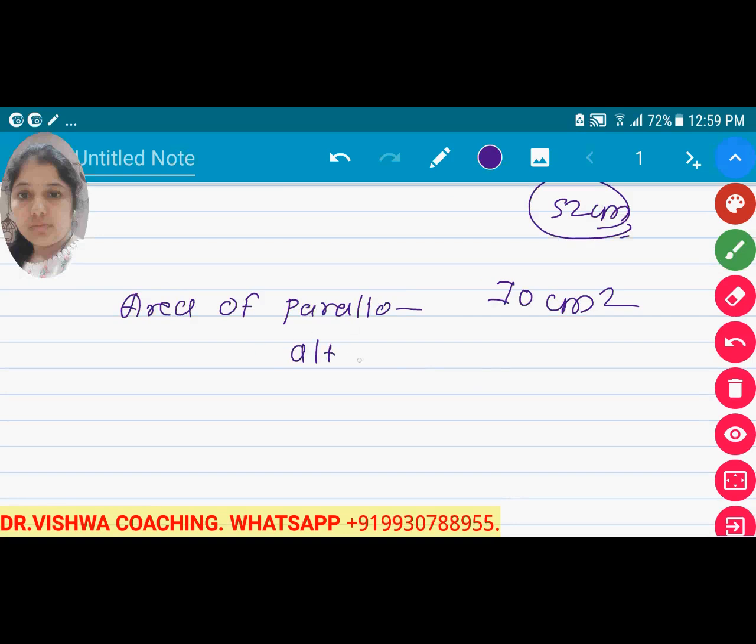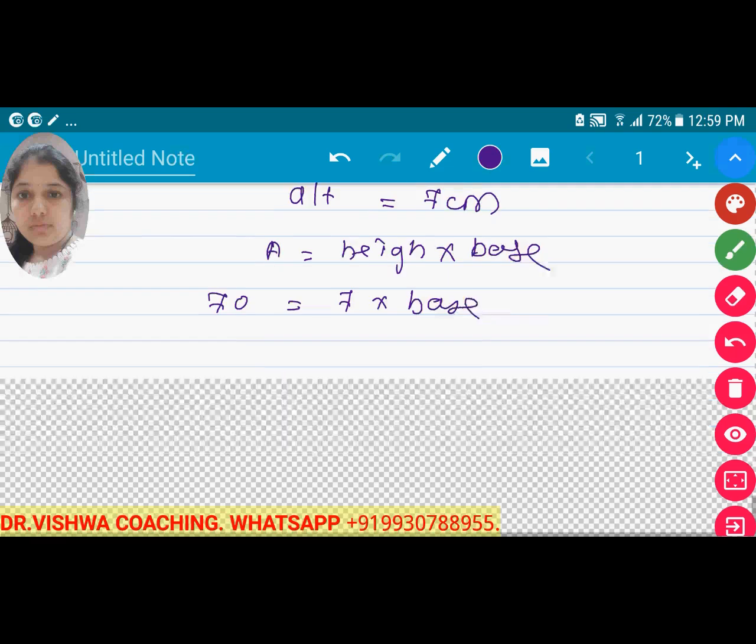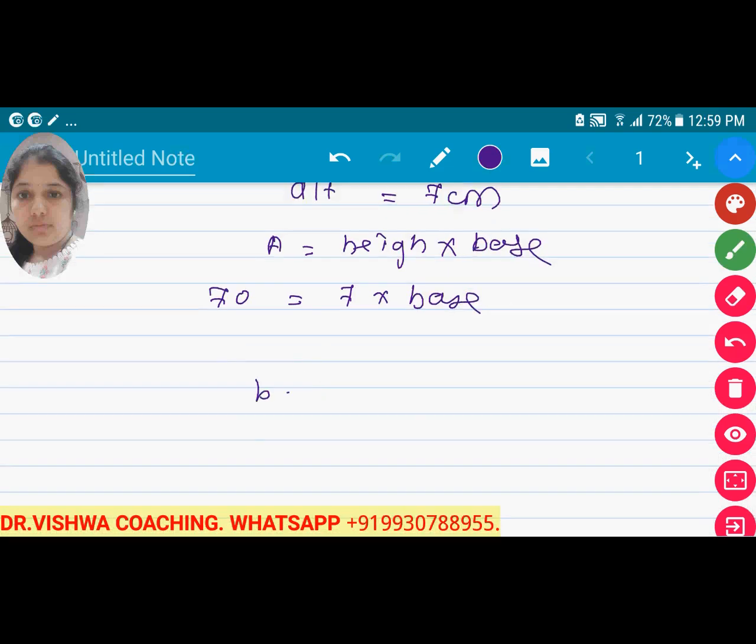Altitude means height. Height is 7 centimeter. Now the formula for the area of a parallelogram is height into base. So we know the area, we know the height, we can find the base. Now base is 10 centimeter.